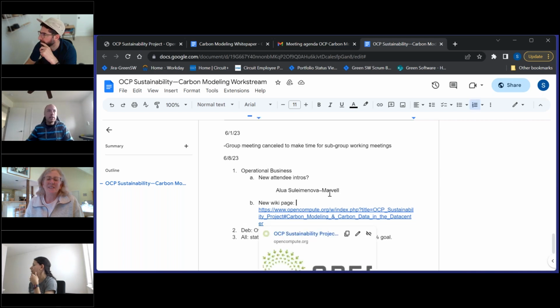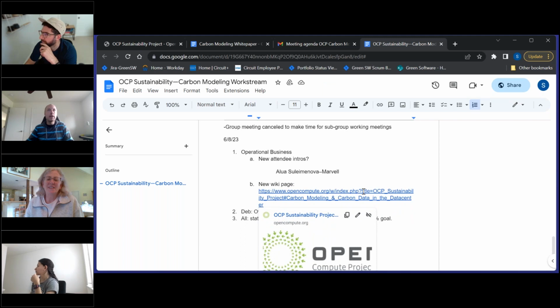Next item is that we have a new wiki page. The homepage of OCP still hasn't really been updated to reflect the current work streams. I did hear there was some activity around that, but I don't know what it is.